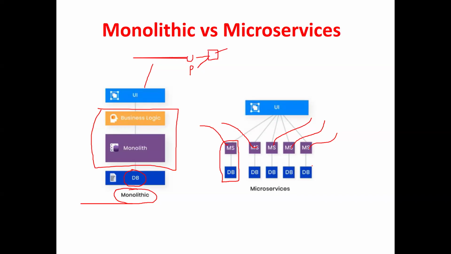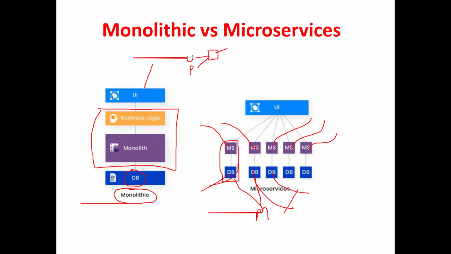If it is a 100% pure microservice architecture, every microservice has its own database. Even though we are using MySQL as a database, we are creating multiple schemas. Each has its own DB: user DB, product DB.